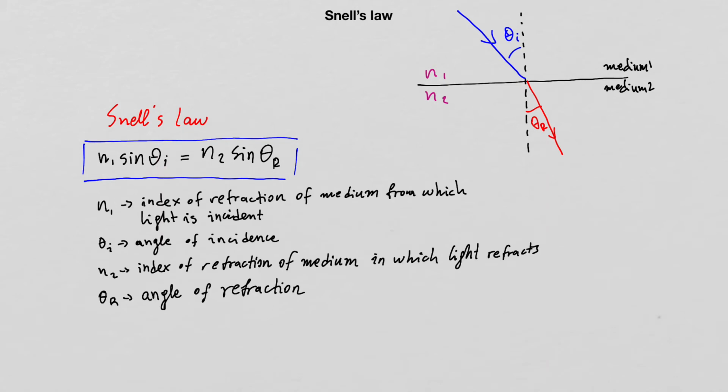Here again, n1 is the index of refraction of the medium from which light is incident. Theta I is the angle of incidence. n2 is the index of refraction of the medium in which light refracts, and theta r is the angle of refraction. Now let's see how the indices of refraction of the two media affect the angle of refraction when light passes into the second medium.